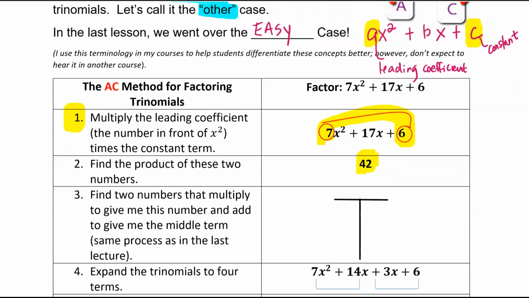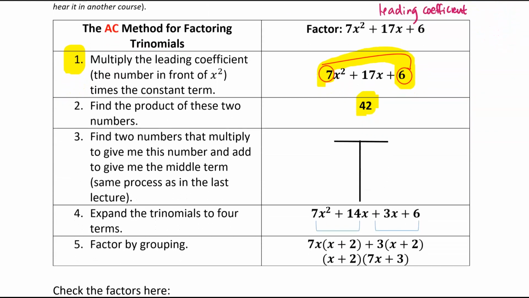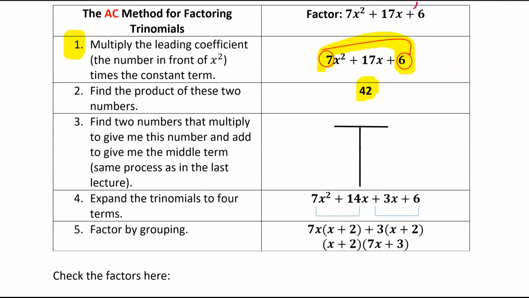Now that is the number that you're going to put on your T table. So you're going to put 42 up here. Now this step doesn't change, where you find the factors of that number you put above the T table. The previous steps change because we had to multiply A times C, but this step doesn't change.